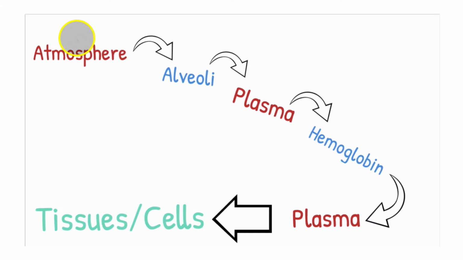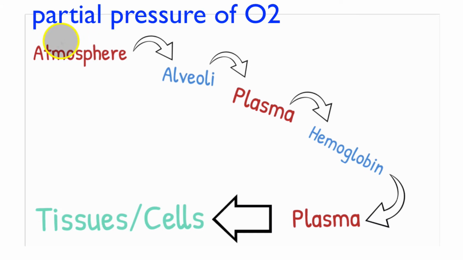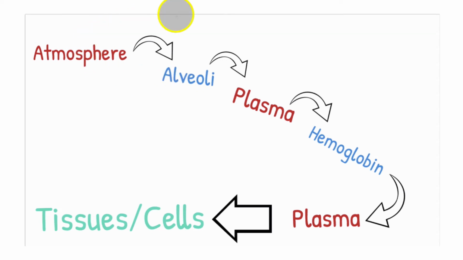So there's going to be a higher concentration of oxygen in the atmosphere than in the alveoli. That's what will cause oxygen to move into the alveoli. Certainly, I'm leaving out the dynamics of respiration, which certainly impact this. But for now, let's just suggest, which is accurate, oxygen will move down its pressure gradient into the air sacs of the lungs, known as alveoli.